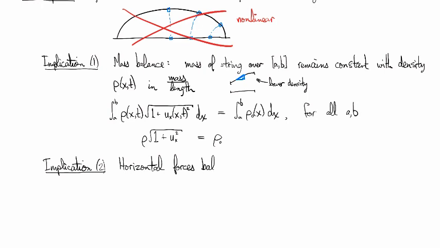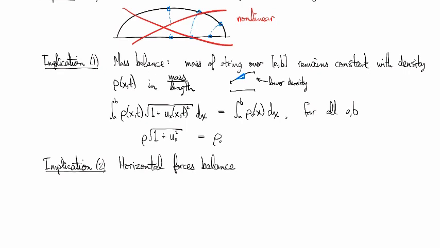Because if the horizontal forces did not balance, then the greater force in one direction would have pulled the particle in that direction, and it would not have gone straight up, it would have gone to the side instead. Okay, so what does it mean for horizontal forces to balance?